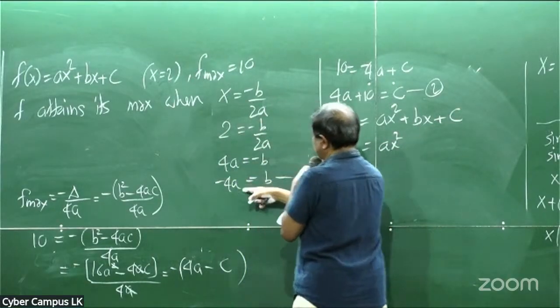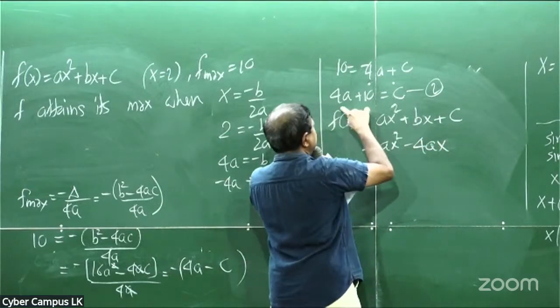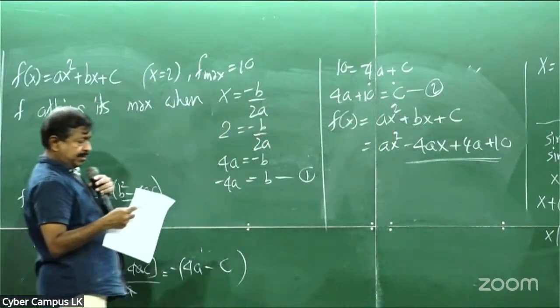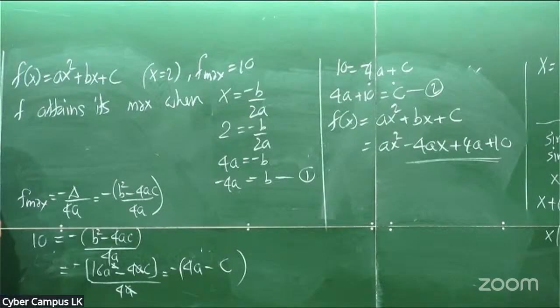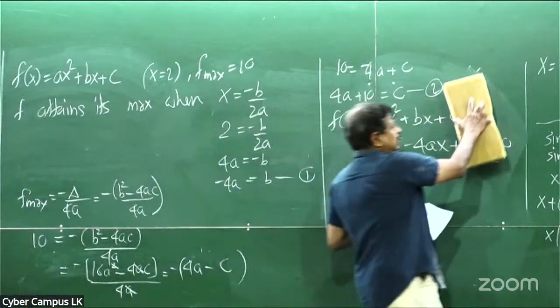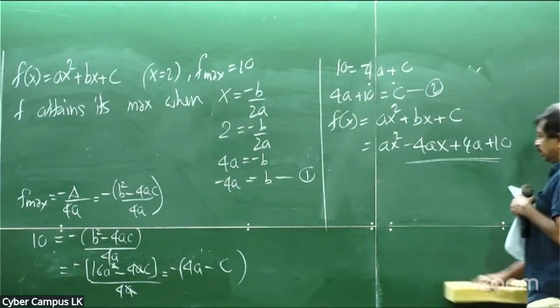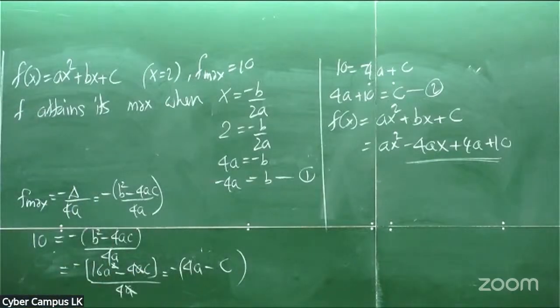Now b is minus 4a. c is 4a plus 10, right?